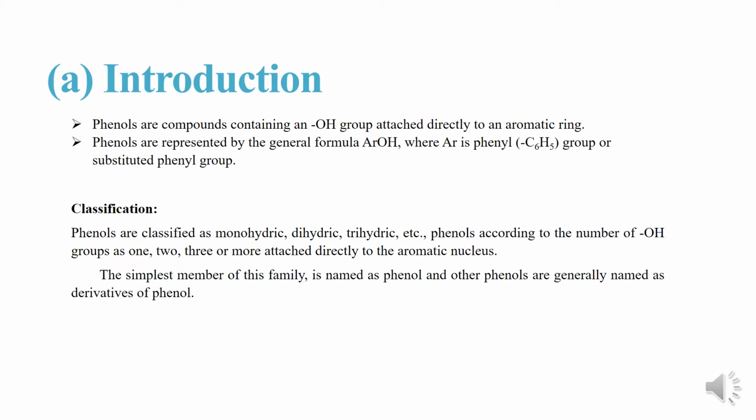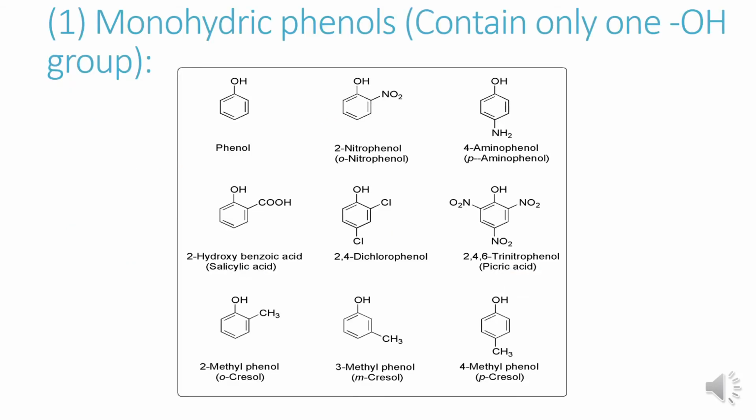If two hydroxyl groups are attached, dihydric. If three hydroxyl groups are attached, trihydric. Hydroxyl group means OH group. The simplest member of this family is named phenol. Other phenols are generally named as derivatives of phenol.